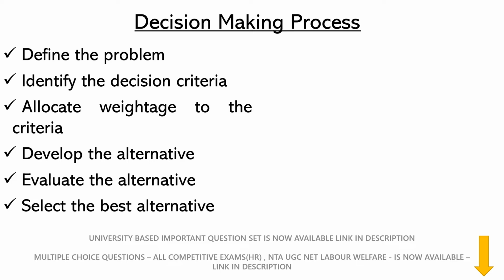So let's say that you have a mobile phone. You have to identify what is wrong with the mobile phone. Do you really need a mobile phone, or do you just want to upgrade it, or you just want to buy it because your friends bought it? Or really the mobile is not working, its screen is gone, you are unable to pick up the call, you are unable to browse for your online classes or anything.